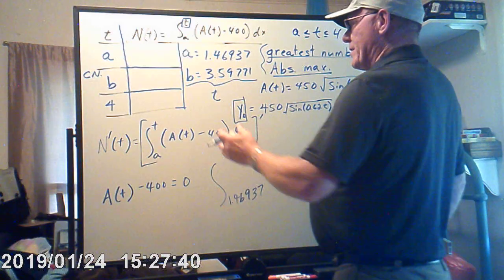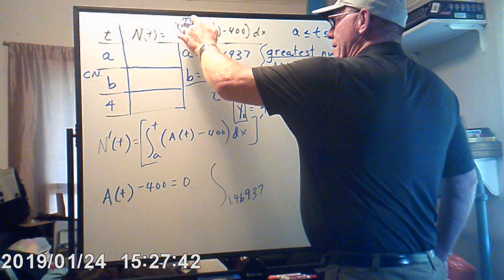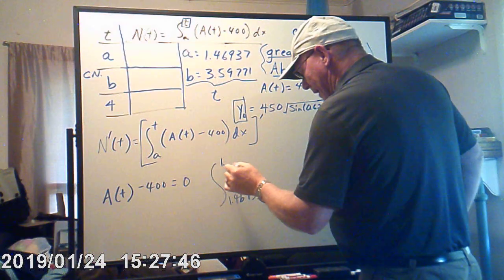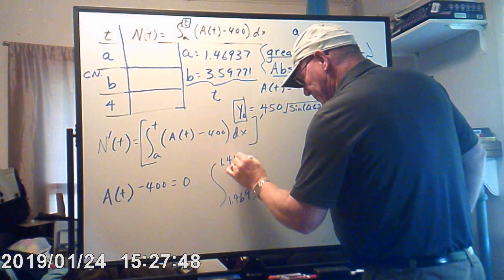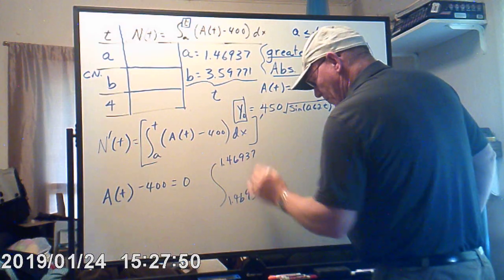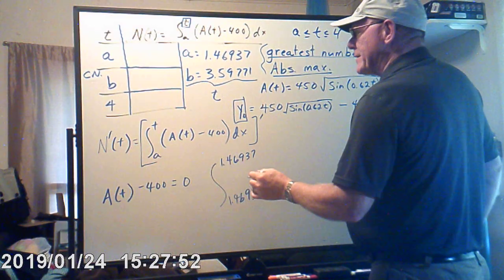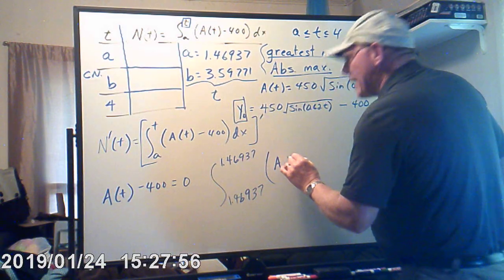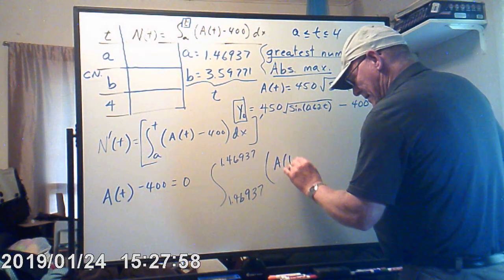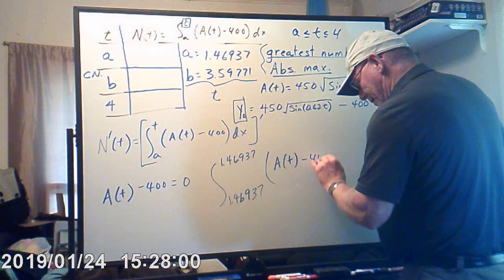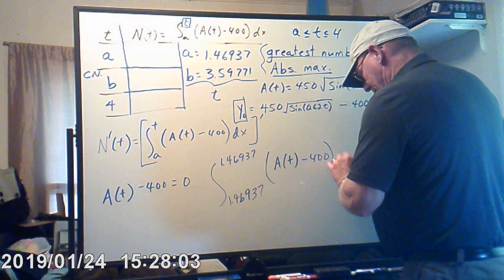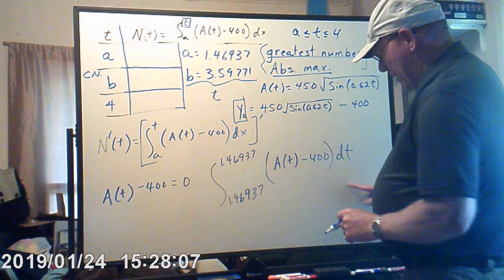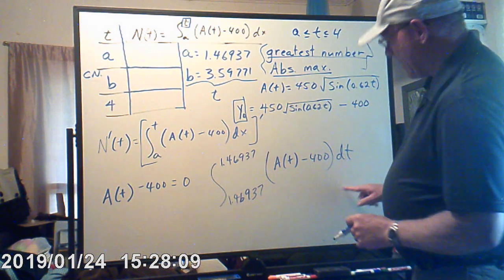The next one is also from A to A, right? We could very easily say, and I'm just going to put here, A at t minus 400 dt right here, when I'm integrating like this.